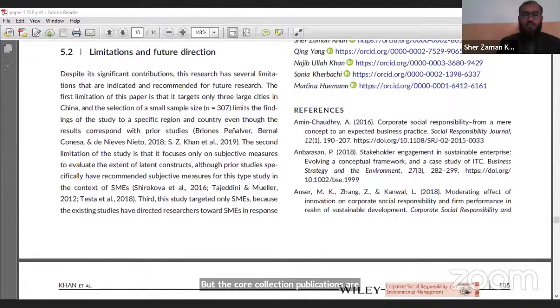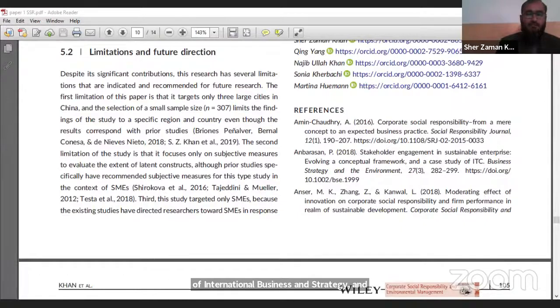My articles are published in a few journals. For example, 3 of my articles are published in Corporate Social Responsibility and Environmental Management, 2 are in WINE, Journal of Information and Knowledge Management, Review of International Business and Strategy, and so on.